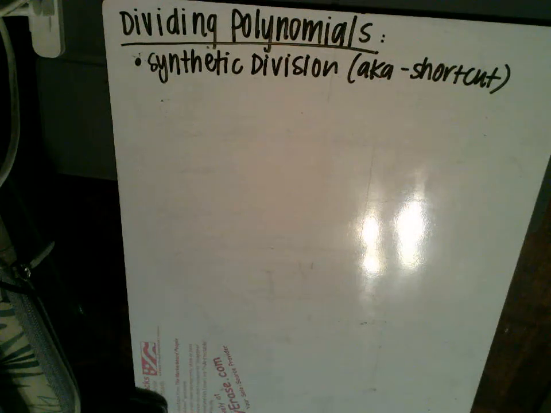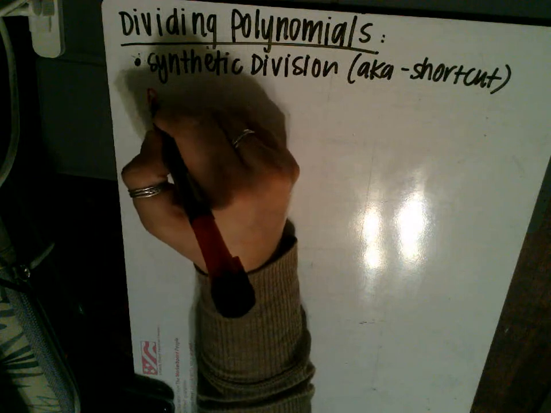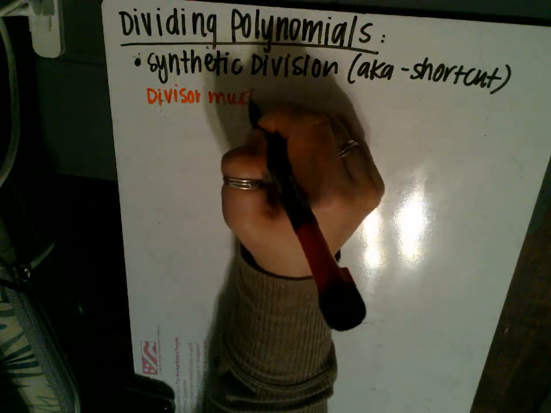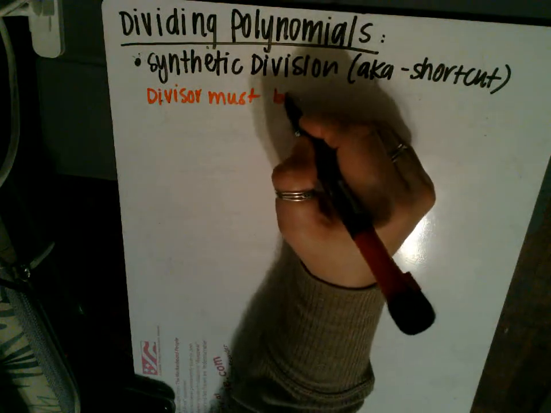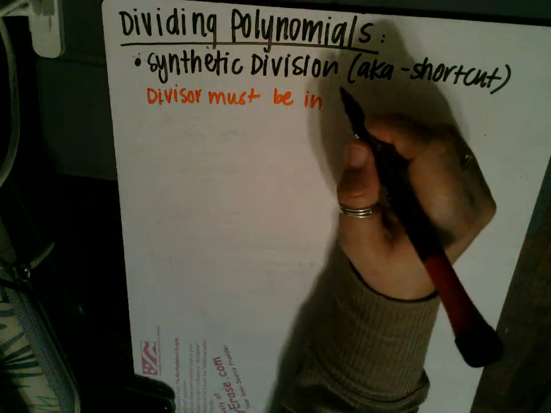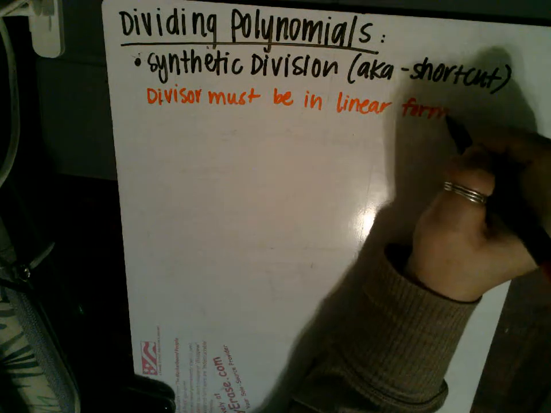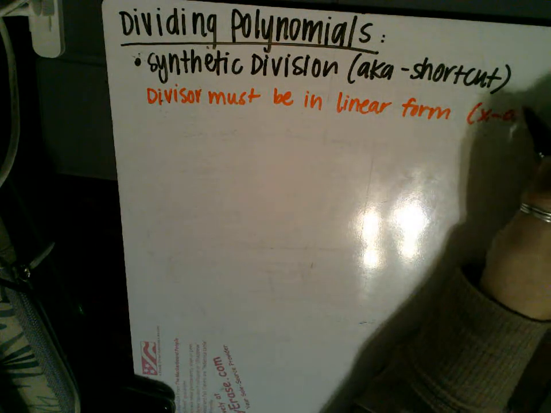In order to use synthetic division, your divisor must be in linear form, meaning it's like x minus a.